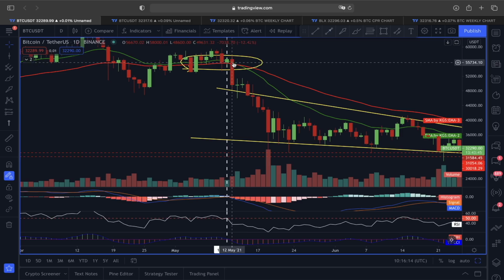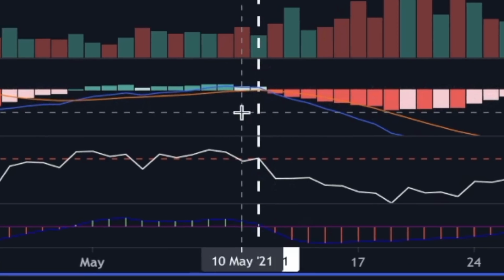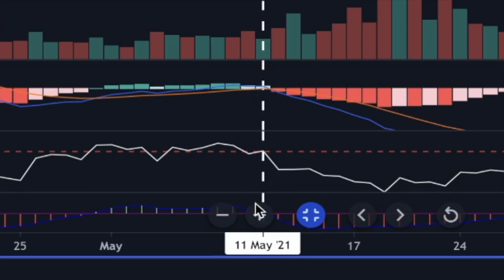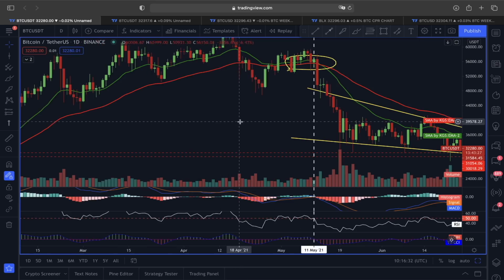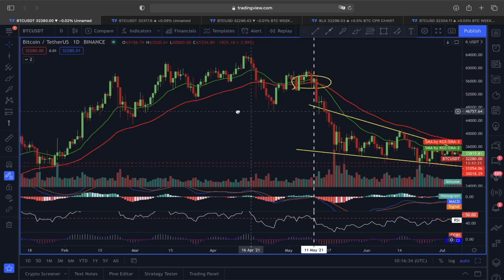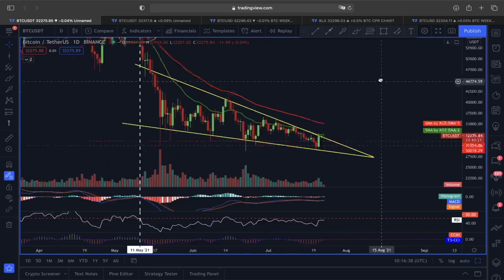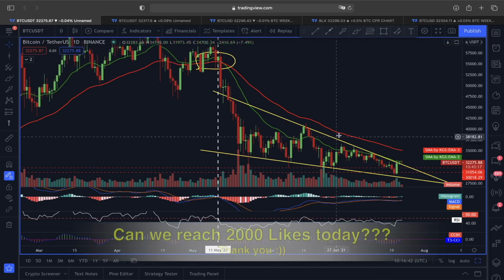When you see these four confirmations, the 20 exponential moving average crossing over the 50 exponential moving average, the MACD line in negative territory also forming this bearish MACD cross, the RSI line below the 50 level, and this T3CCI in negative territory, that is a sign that the market here is weakening and we could be seeing potential downward price movement. And this is exactly what happened here, right? And since then the price here is heading to the downside.